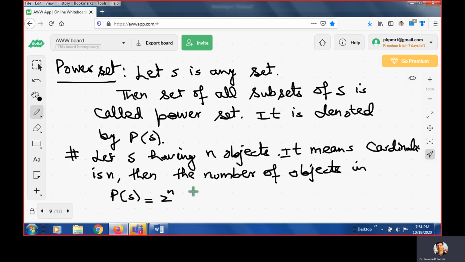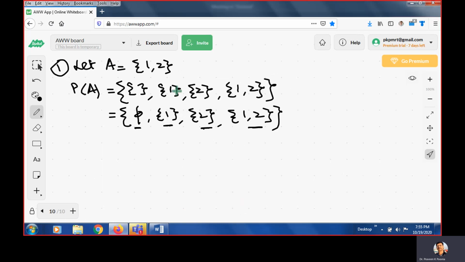And if you see in the previous slide, what is PS? How many members are there? 2 power n. So how many objects here? 2. So in this case, n is equal to 2.